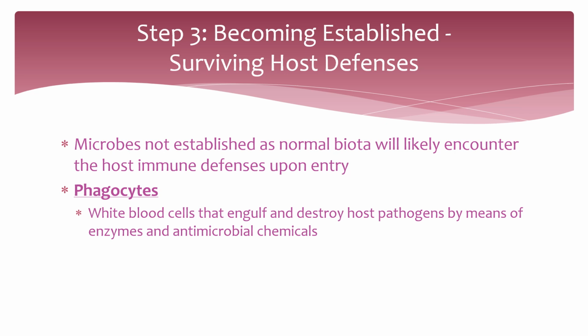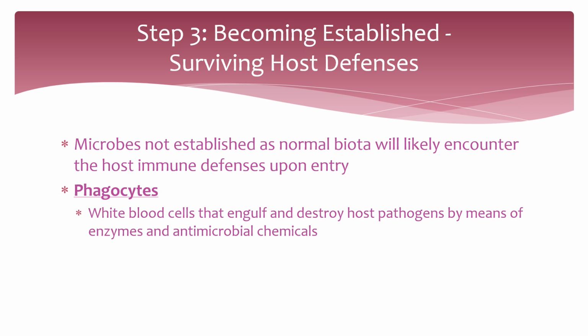So you can kind of think of phagocytes as being kind of like little Pac-Mans that will go in and engulf, consume those pathogens and try to get rid of them. So that is our next line of defense, besides our home team of microorganisms that we live with inside of us.